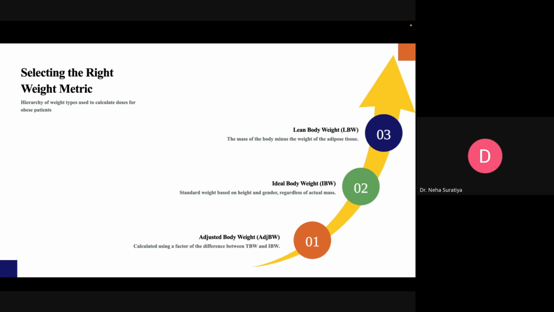For the lipophilic drug, we need to understand the ideal body weight, and for the hydrophilic also we need to use adjusted body weight. And lean body weight is the mass of the body minus the weight of the adipose tissue, that is one of the calculations for that. I will let you know how to calculate each of these, don't worry. But these three are there to adjust for the obese patient.